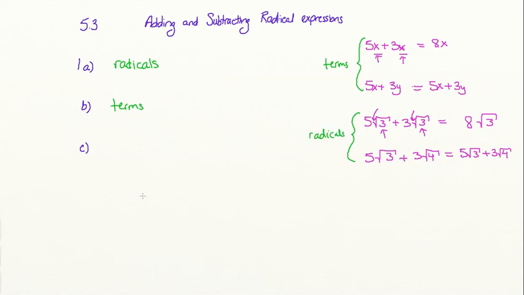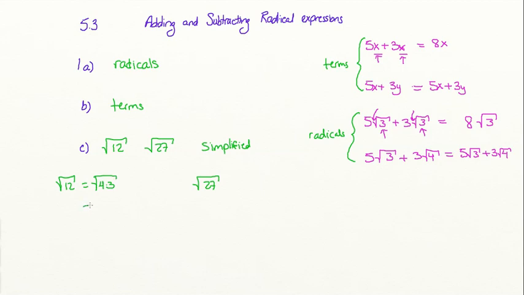C, the radicals root 12 and the square root of 27 can be simplified so they are like radicals. Let's just check that one out. So the root of 12, and we need to look at root 27. Right now they don't look like they are like radicals, but let's see if we can reduce it. 12 is the same as 4 times 3.